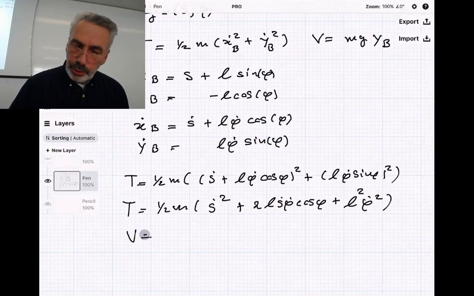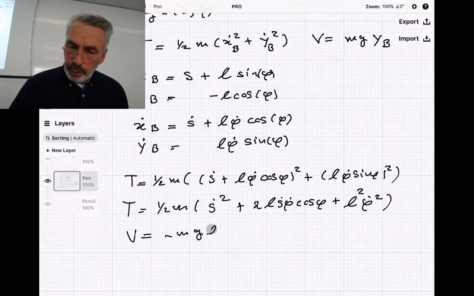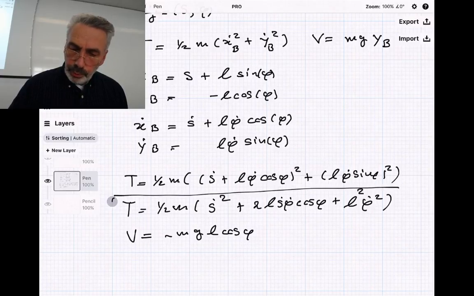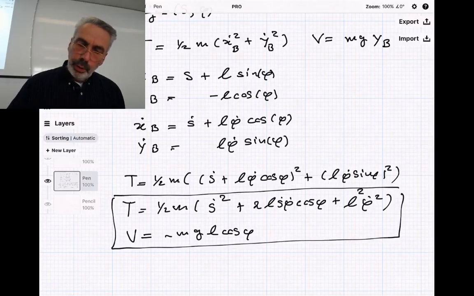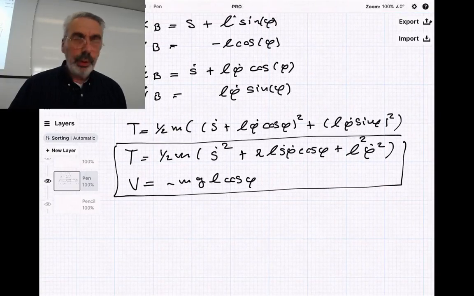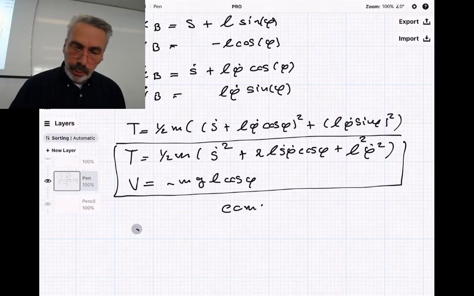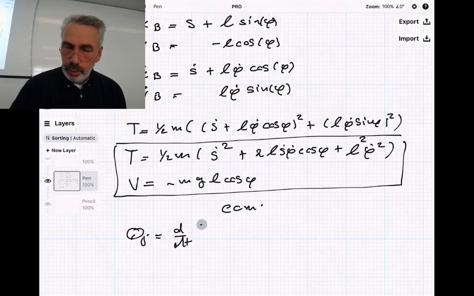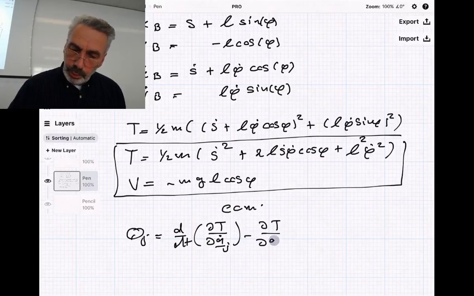And the potential energy is minus mgL cosine phi. So with these two things, and of course our beautiful formula, the equations of motion are, well, Qj equals d/dt of dT/dq dot j minus dT/dq j plus dV/dq j.